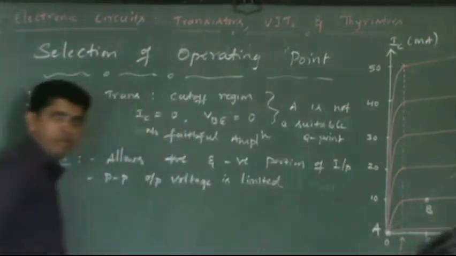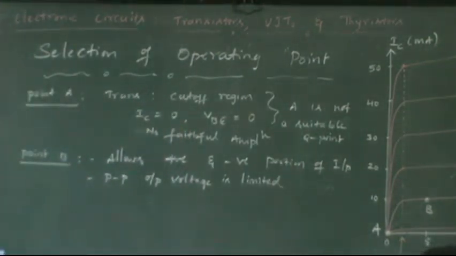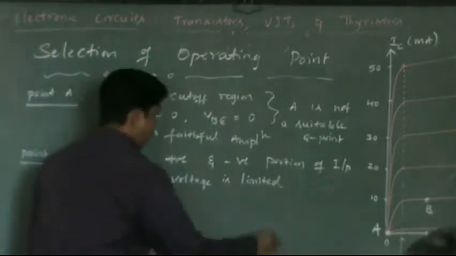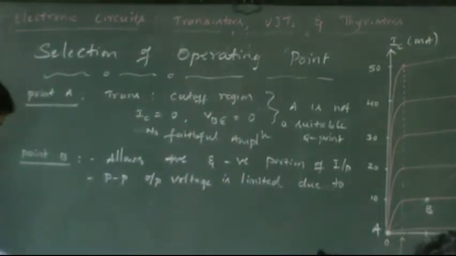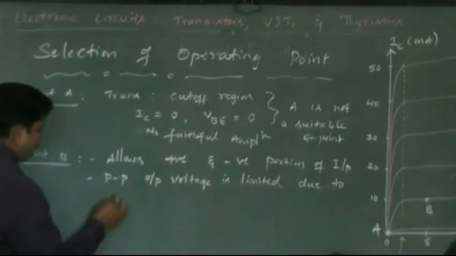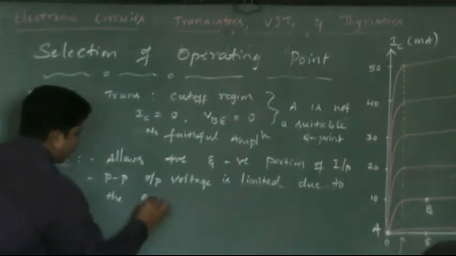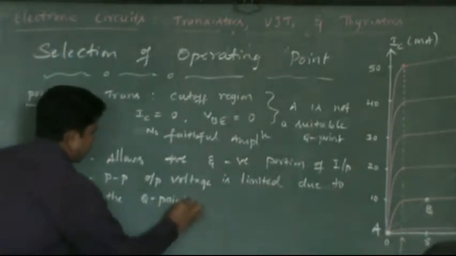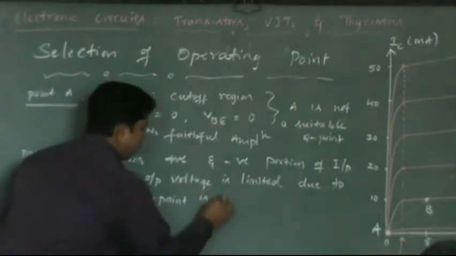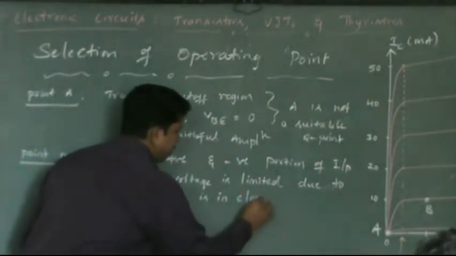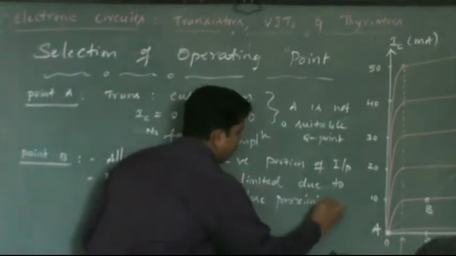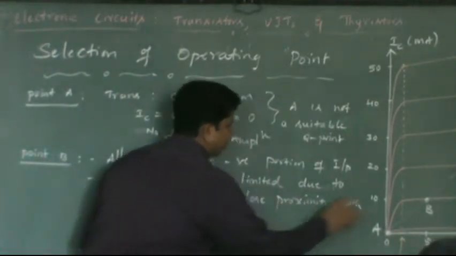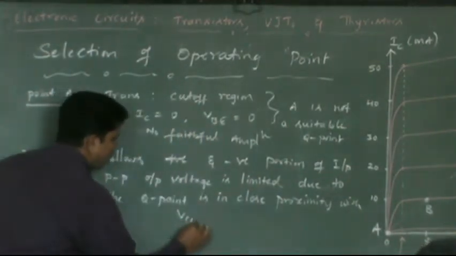We don't want it limited, but still the output peak to peak voltage is limited due to the operating point or Q point being in close proximity with VCE sat.